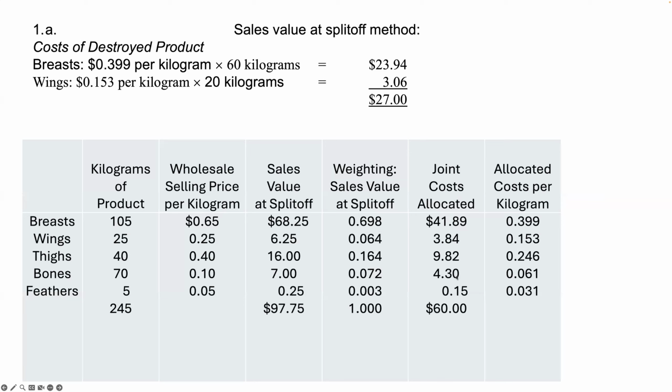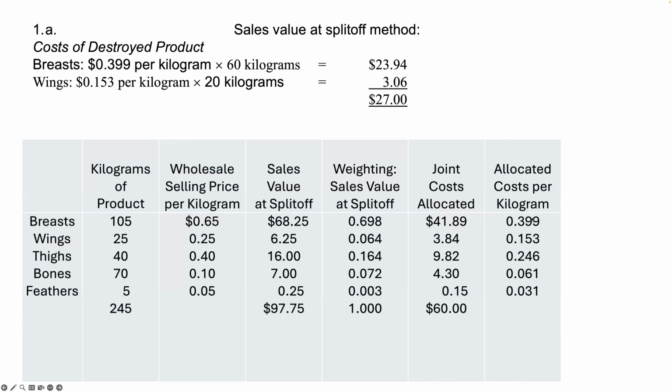Therefore, the total joint cost is $60. I'm going to multiply $60 by all these percentages to get the cost allocated to each part. The joint cost allocated, the total joint cost, is divided by the weight to figure out the allocated joint cost per kilogram.